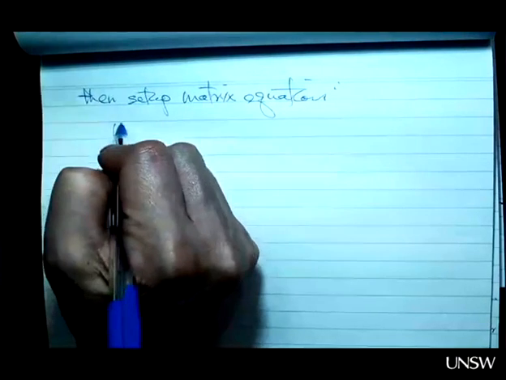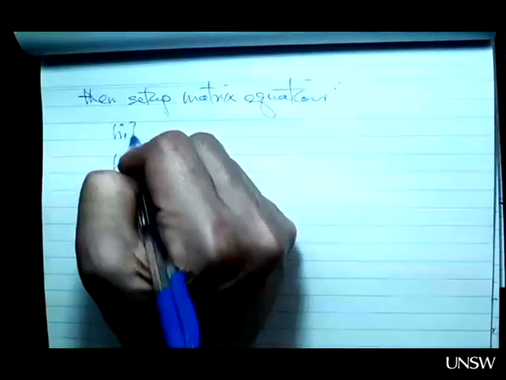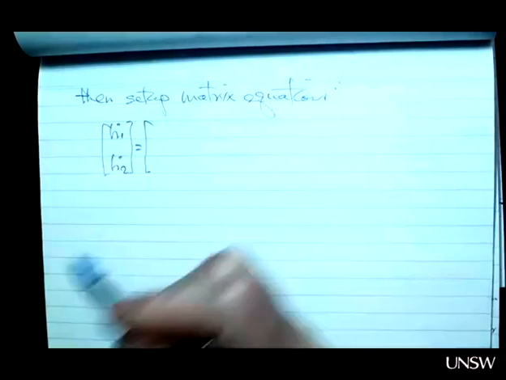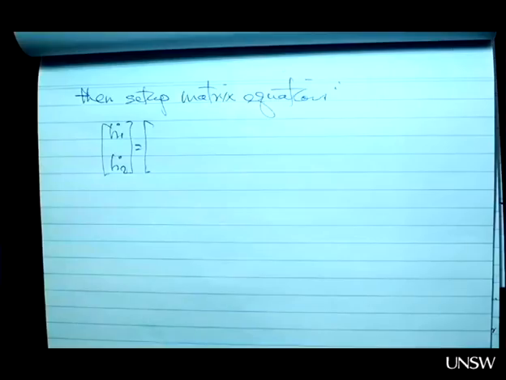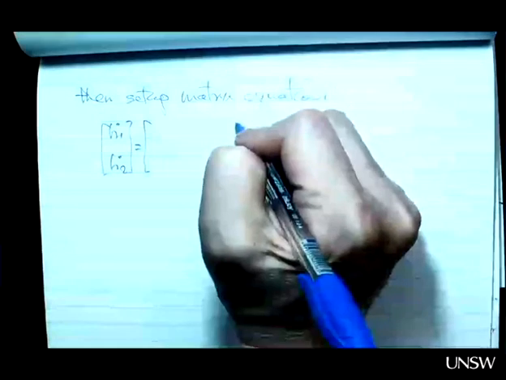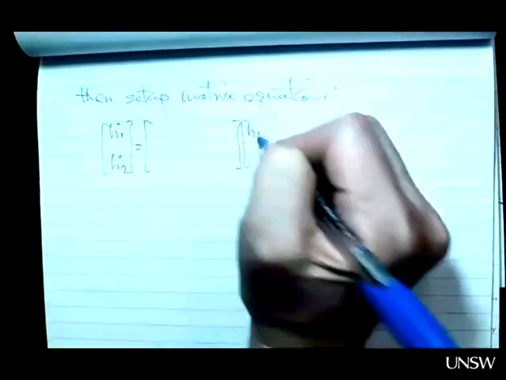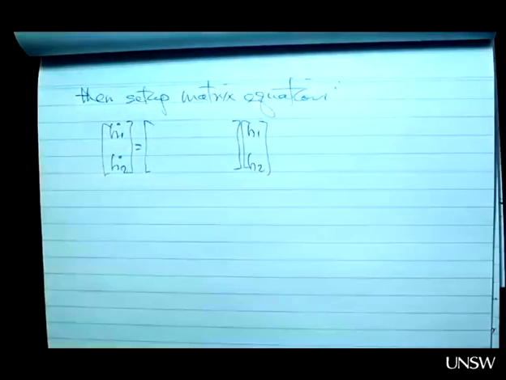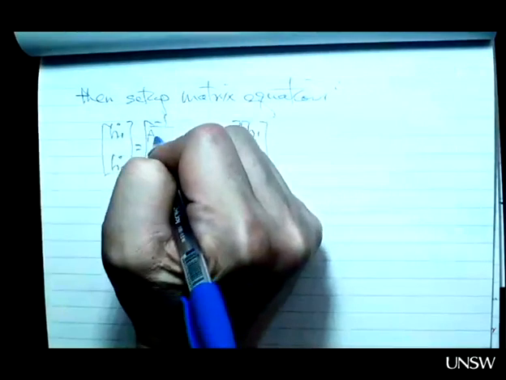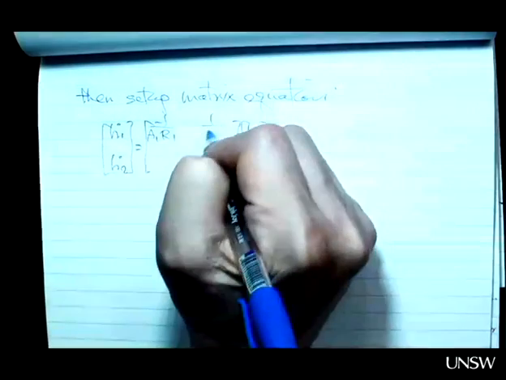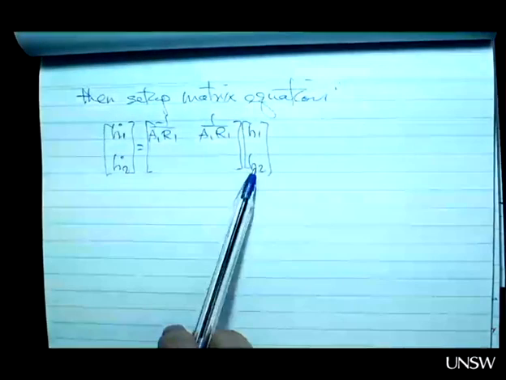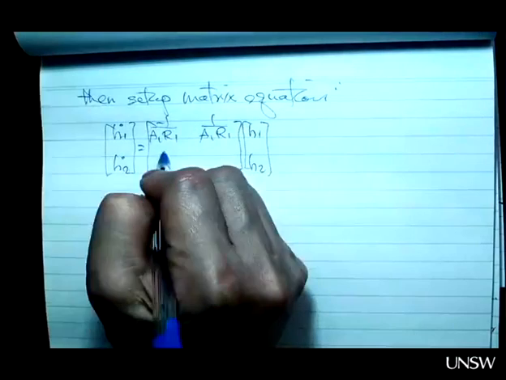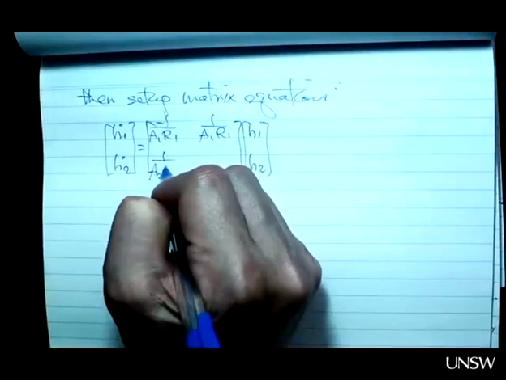So we have all the differentiations on the left-hand side. And then we substitute or rewrite the previous two differential equations into the matrix form. Right. And we multiply H1, H2 variables. And then the first one is minus 1 divided by A1R1, and then 1 over A1R1 multiplied with H2. And then here it is 1 over A2R1, and then minus 1 over A2R2.